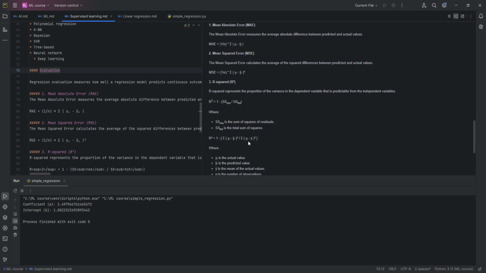the actual data versus the mean. And if this is 0, if the model is perfectly describing the data, then 0 over this value is going to be 0, and then 1 minus 0 is going to be 1, which means the model is 100% describing the variance.